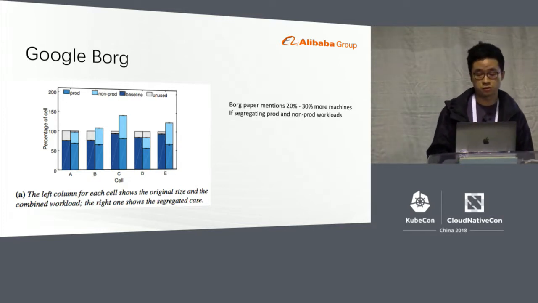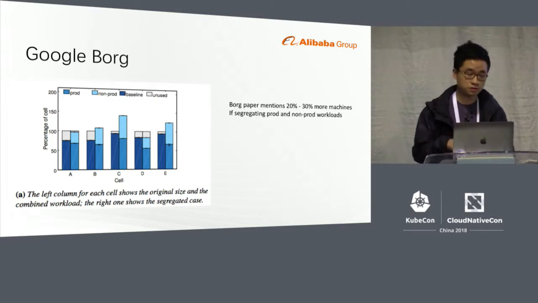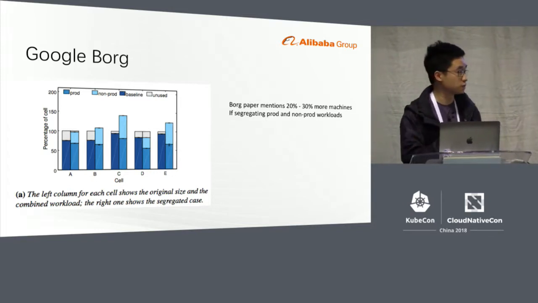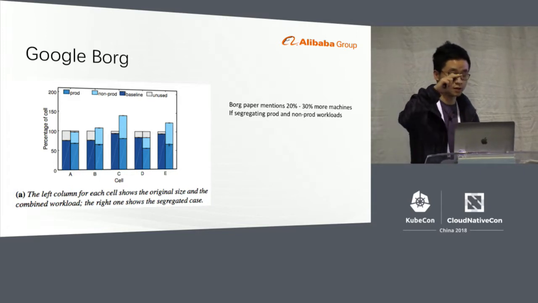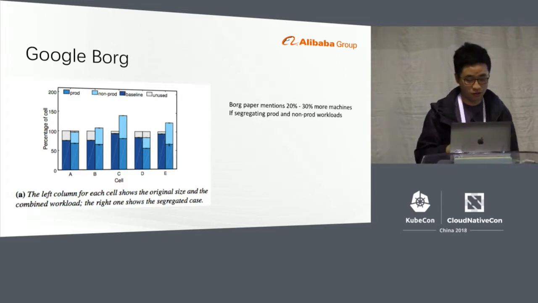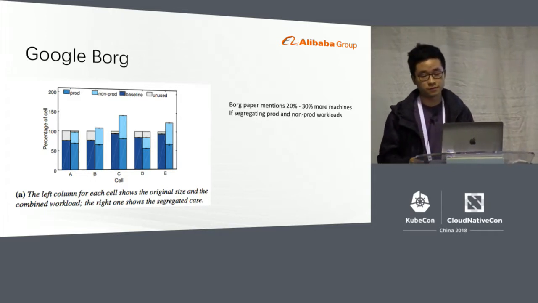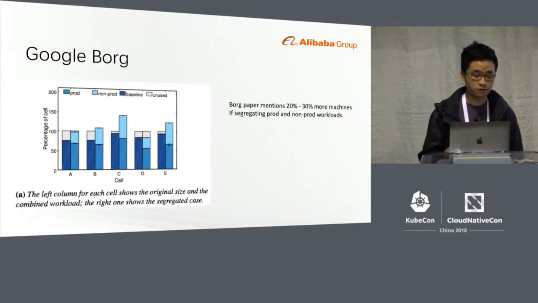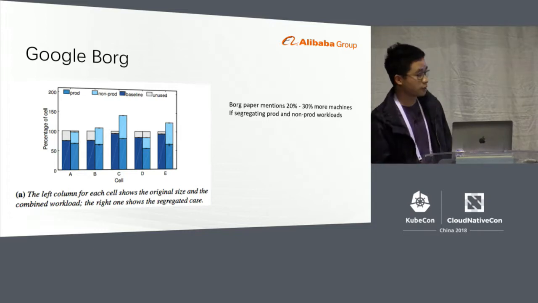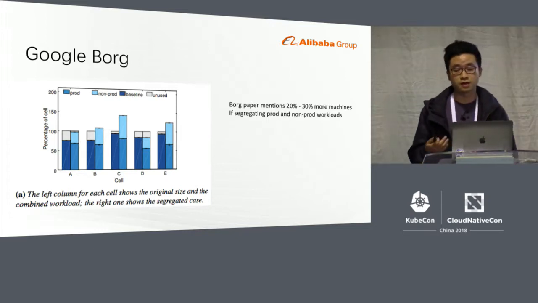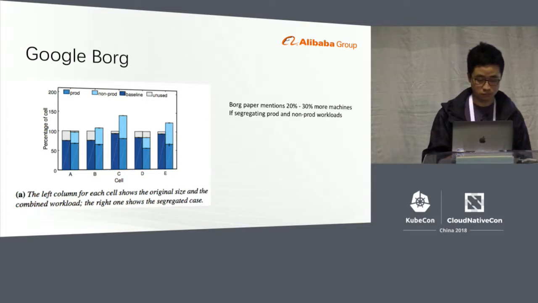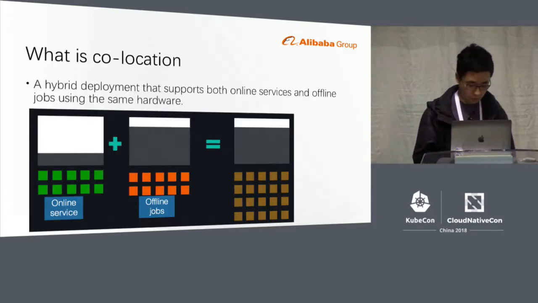Because production tasks are the same as our online service, there are spikes, and they need to reserve all the resources for those spikes. But most of the time, the resources are wasted and not fully leveraged. So non-production jobs can actually use those additional resources to run their jobs. In this way, we can improve the utilization rate.